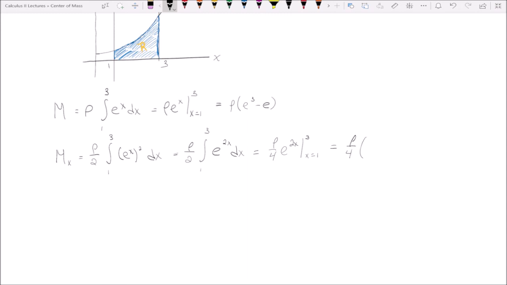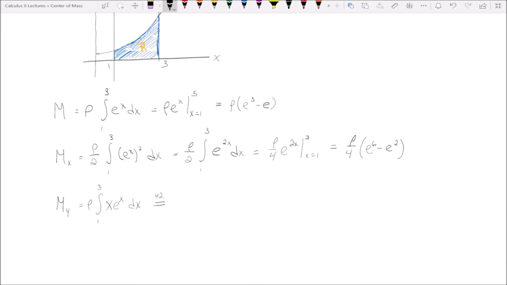So rho over 4 times e to the 6th minus e squared. And finally, the y moment. Rho times the integral from 1 to 3 of x e to the x dx.